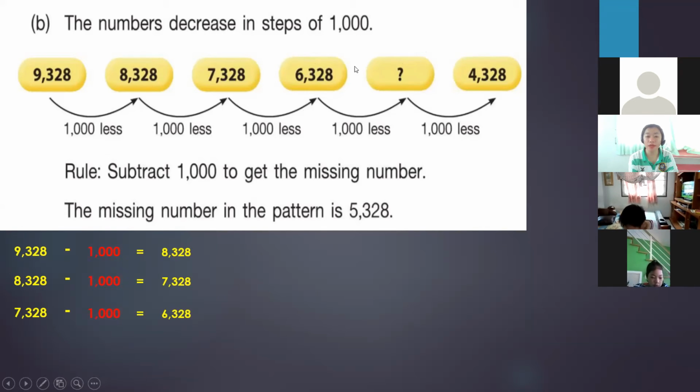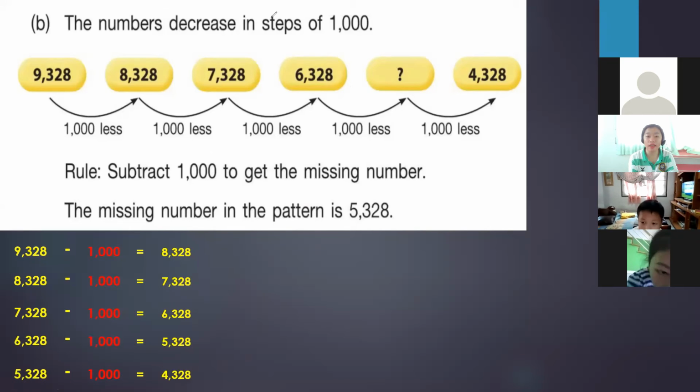If we subtract 1,000 from 6,328, it will be 5,328. Then 5,328 minus 1,000 is equal to 4,328. So the missing number in the pattern is 5,328. The rule is subtract 1,000 to get the missing number.